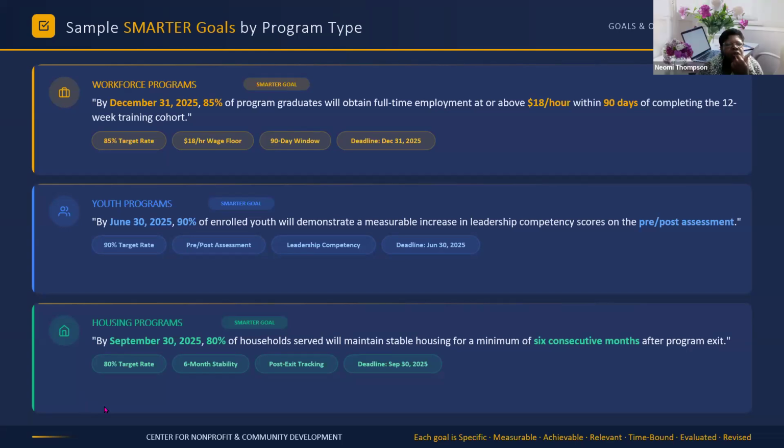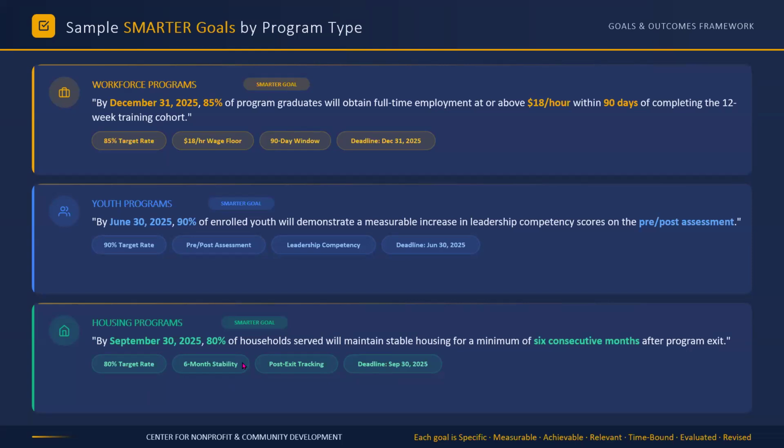Housing program: by September 30, 2025, 80% of households served will maintain stable housing for a minimum of 6 consecutive months after program exit. And then it's the 80% target rate, 6 months stability, post-exit tracking, deadline September 30, 2025.